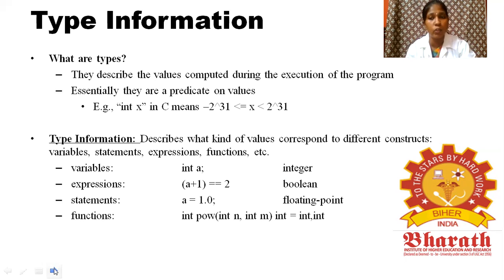Then if we use a statement, that is, we declare the value for an identifier in the same place itself, a equal to 1, a equal to 2 means it consists of an integer value. A equal to 1.0, since it's a decimal one, we give it as a floating point value. Then functions, like int FOO, we saw it previously. In the same way, int POW, that is int n, int m, returning int. This is the kind of function. So what kind of function it is, we have to give in the type information.